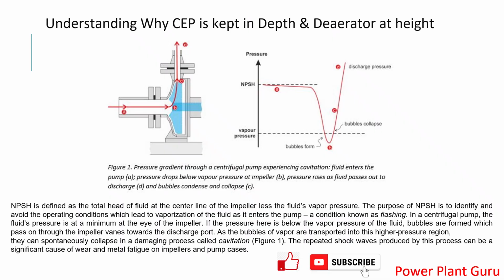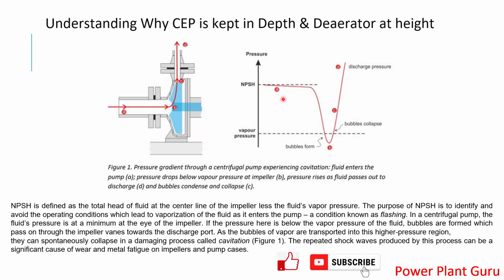If you see this diagram, there are certain points mentioned here: A, B, C, D. Here is point A, here is B, here is C, here is D. The same you can see in this graph, A, B, C, D. NPSH and vapor pressure are the two horizontal lines marked in the pressure, and they show how those things vary at different points of a pump. It's a simple centrifugal pump in this case.